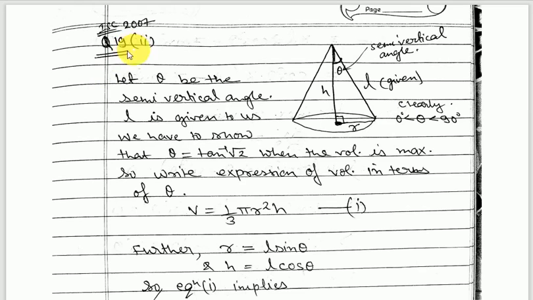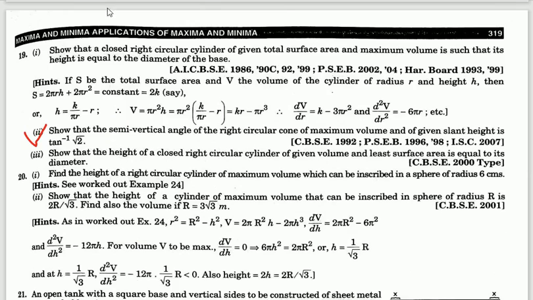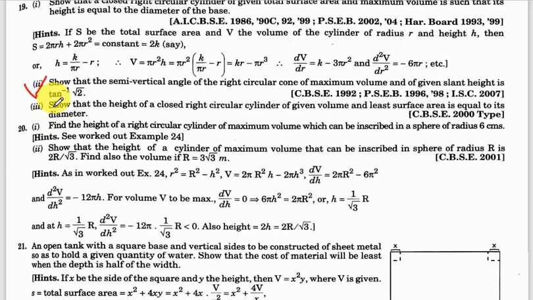Next question is question number 19.2. Here it says that show that the semi-vertical angle of a right circular cone of maximum volume and of given slant height is tan inverse root 2.